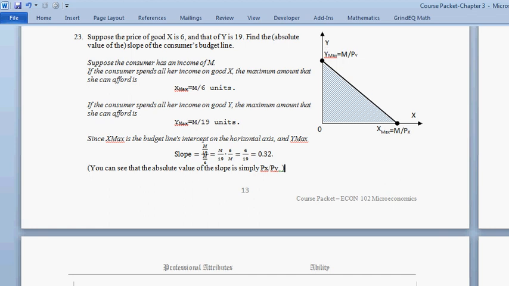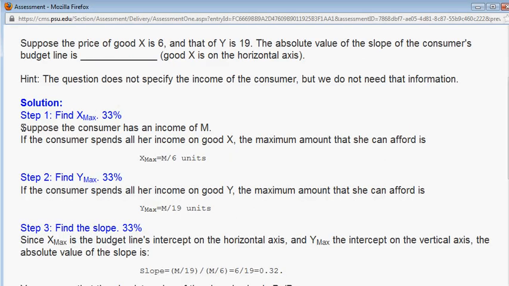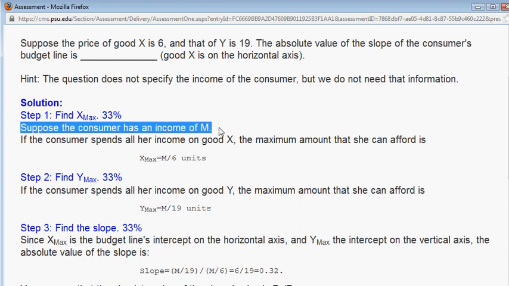All right, let's calculate the intercept on the horizontal axis. If the consumer spends all his income, how much can he buy? Well, first of all, we should assume his income is M. We don't have an exact number, but that doesn't matter because this information is not relevant to the answer.